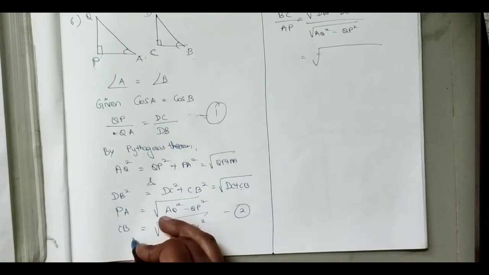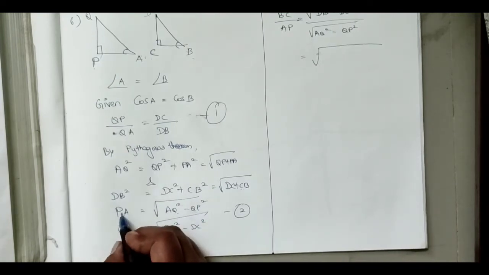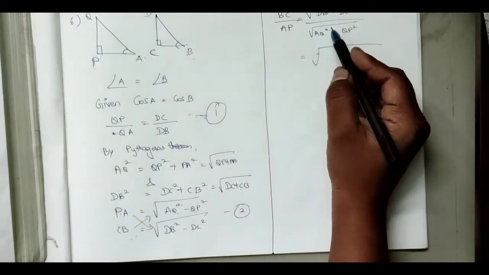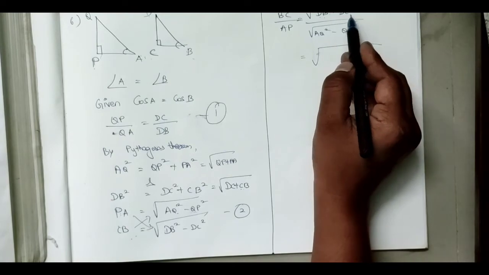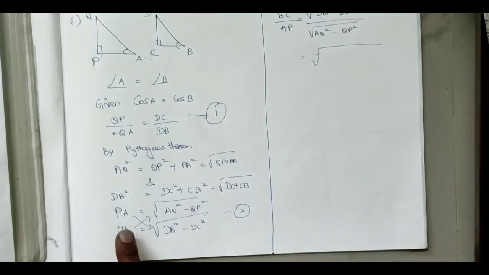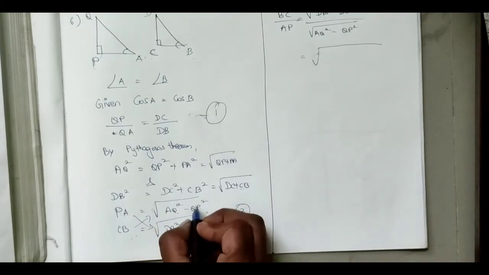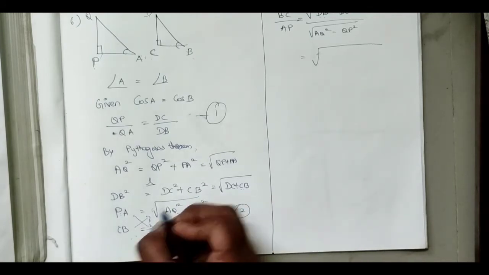When these two sides are equal, CB can be equated with this and PA can be equated with this. So by that, DB squared minus DC squared, instead of CB, let's substitute it with AQ squared minus QP squared.